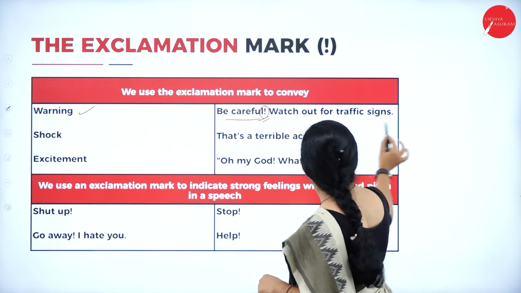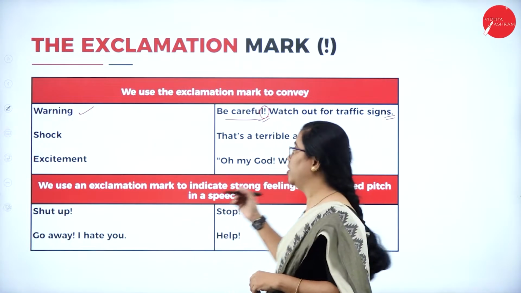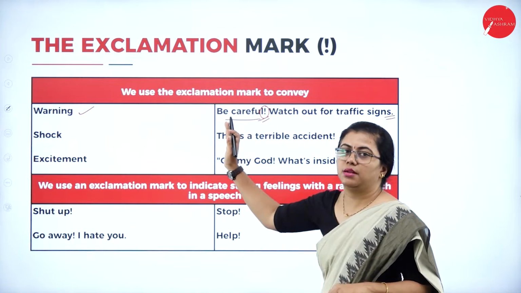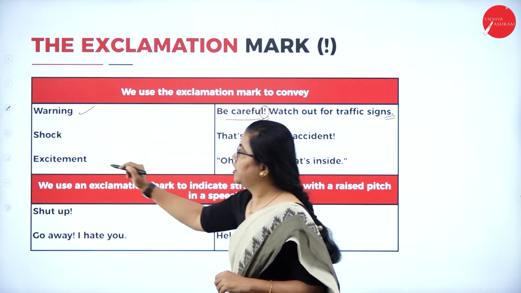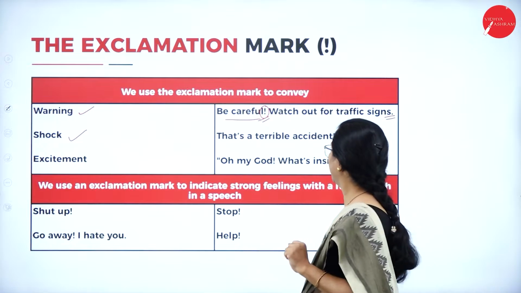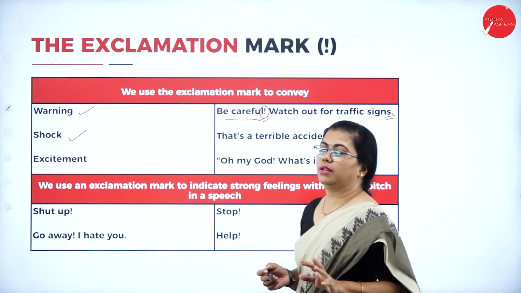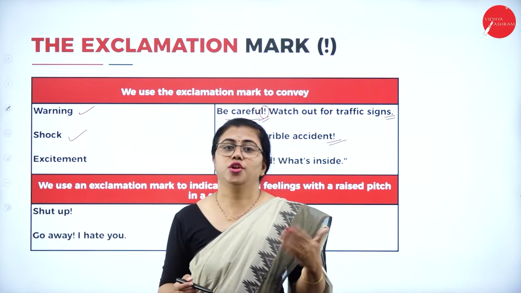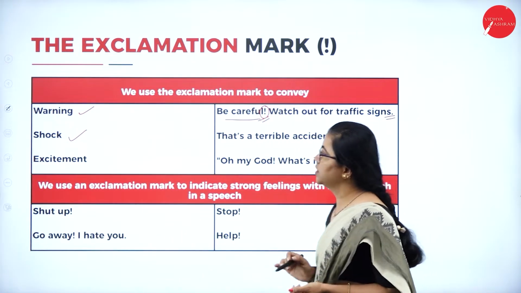After this exclamation mark, in the end you have to put a full stop only. If you have already used a phrase with an exclamation mark, in the end you can put a full stop. Here, if you are expressing shock, then the exclamation mark goes to the end. That's a terrible accident! Here you are expressing your shock, so the exclamation mark goes in the end.